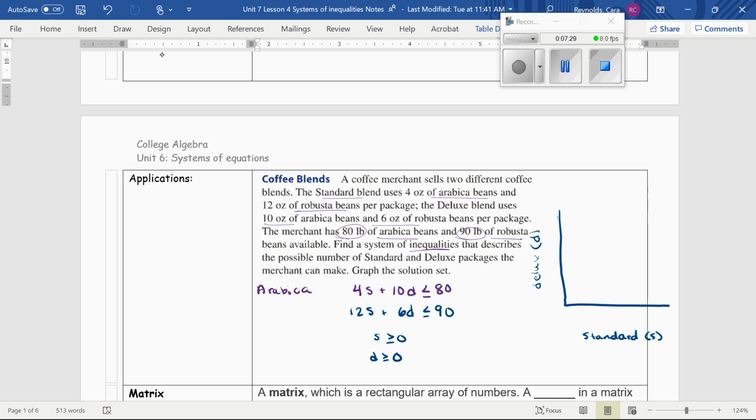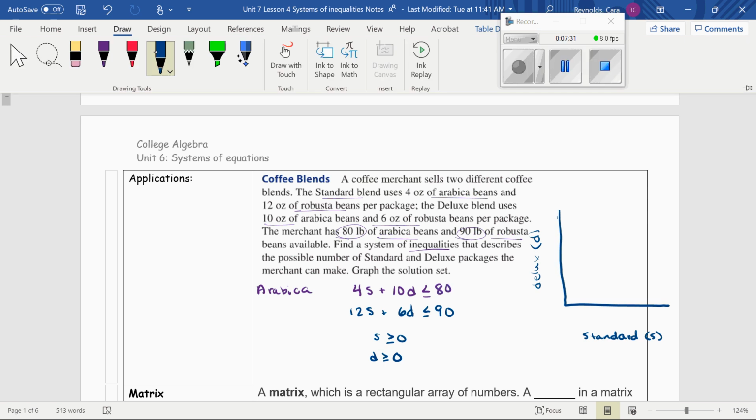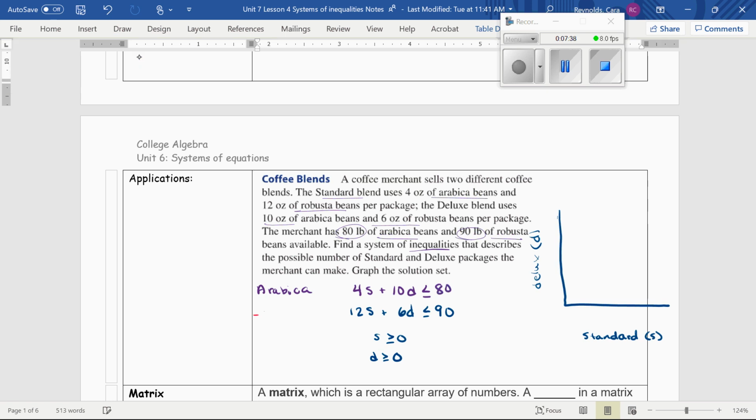All right, you would graph these the same as you would a y equals mx plus b. So I'm going to solve this for D. And so I subtract the 4s over. Oops, sorry, less than or equal to, and divide by 10.